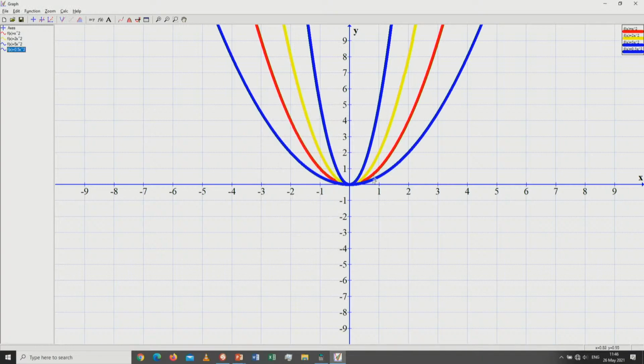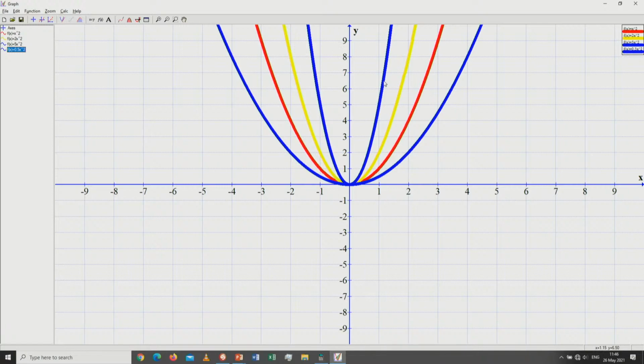Look where it is. Now, can I conclude to say, if a is 0.5, the graph moved far away from the y-axis. But the other ones, the 1, the 2, the 5, are moving closer to the y-axis. Very important. It means that the value of a determines the vertical stretch of the graph.